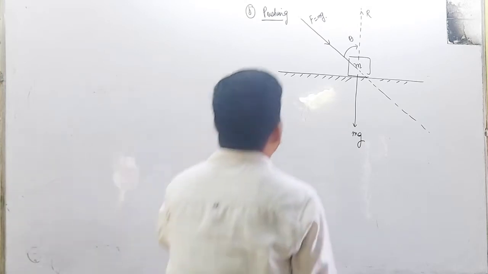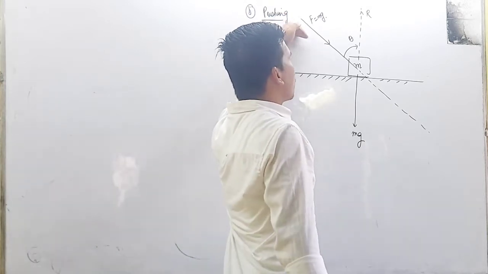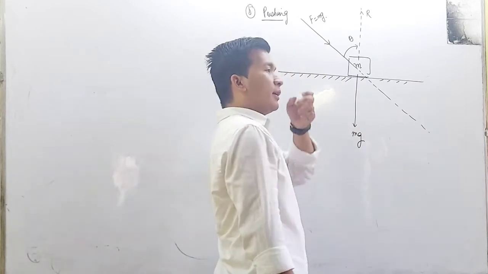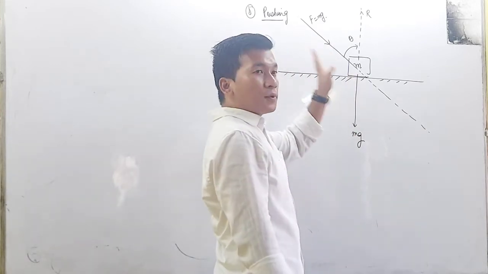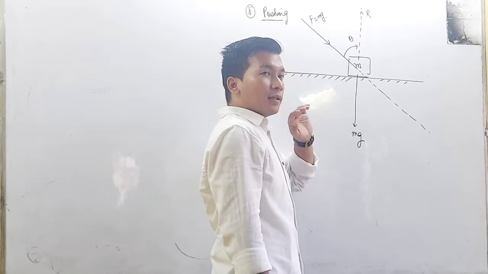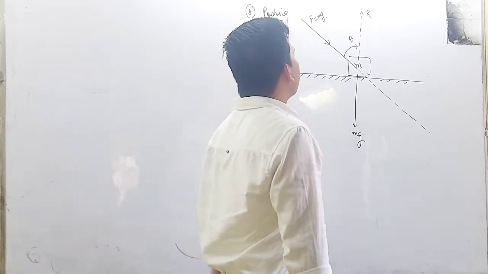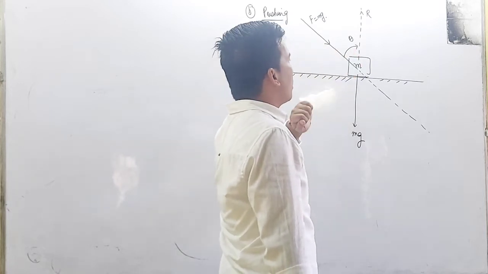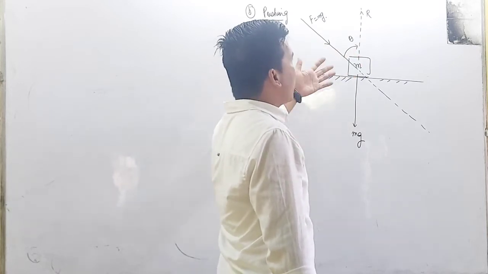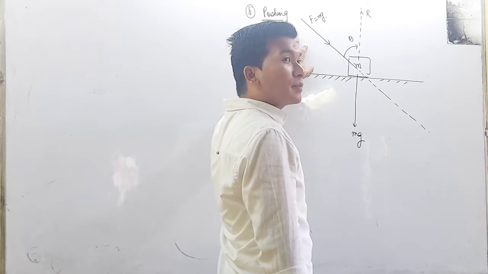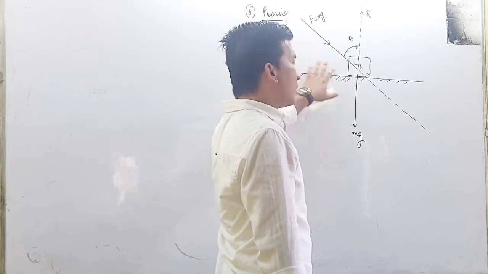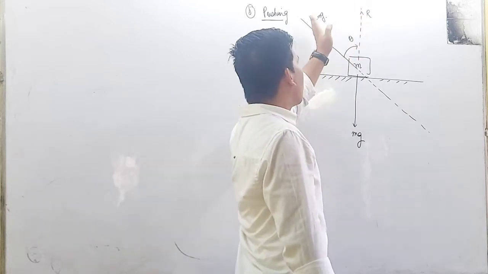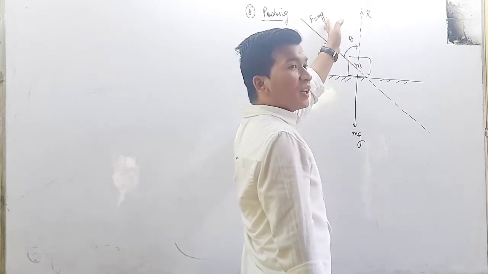The externally applied force F can be for a pushing case or a pulling case. Here this body is acted upon by 4 different types of forces as explained in case A: weight, normal reaction, the externally applied force F, and friction.